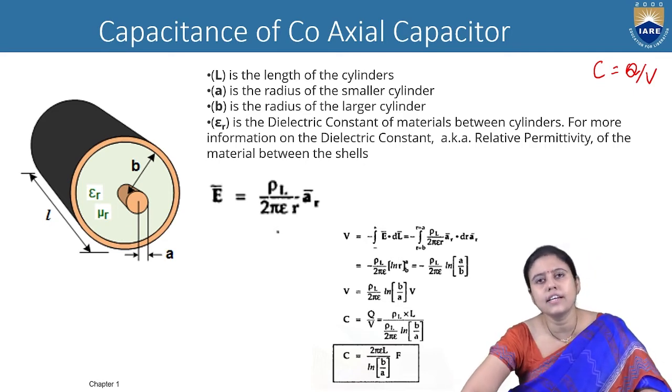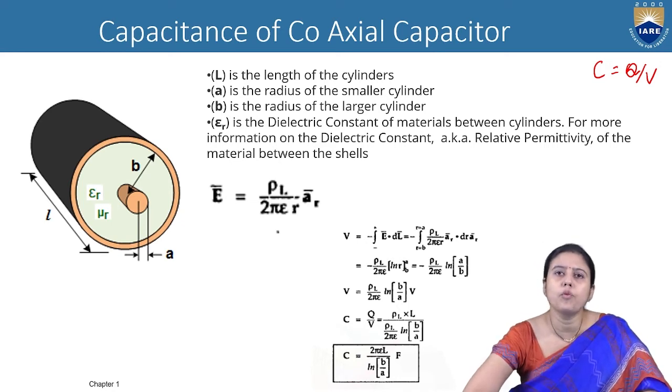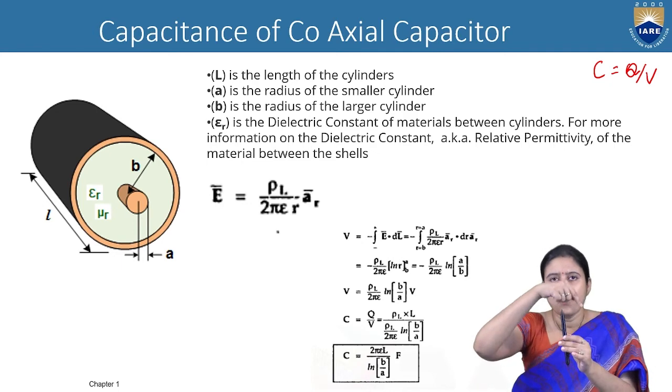Now we are thinking about a coaxial cable. What is the meaning of coaxial cable? Two cables or two cylinders are there and their main axis is the same.